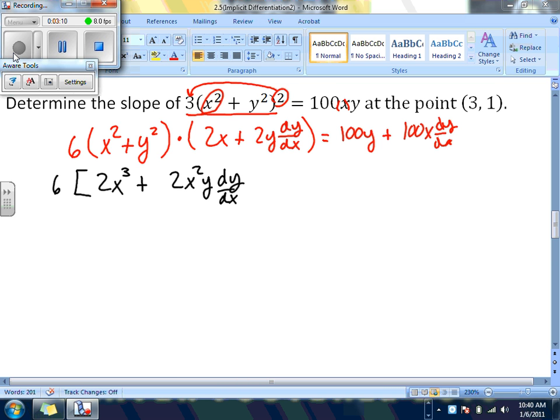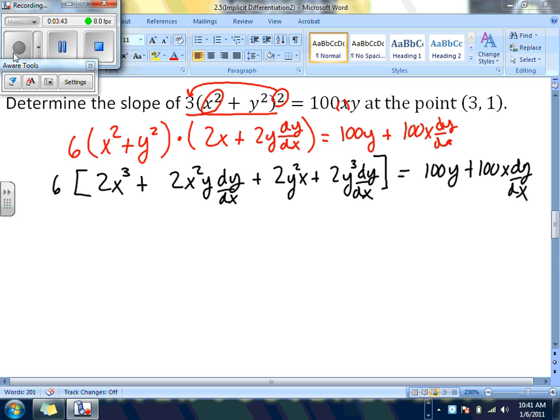Now I'm going to do my y functions. So I'm going to get y squared times 2x, so 2y squared x, and then plus 2y cubed dy/dx. So now I have it all foiled out on the left side. I can't really do too much on the right side, I guess. So I'm just going to leave it 100y plus 100x dy/dx.